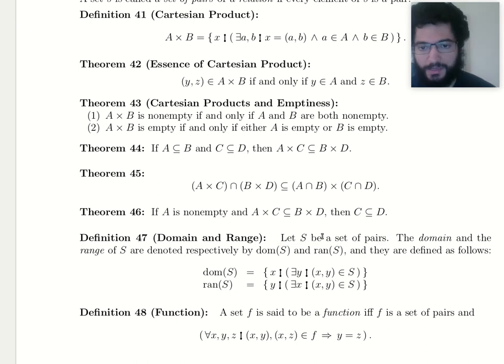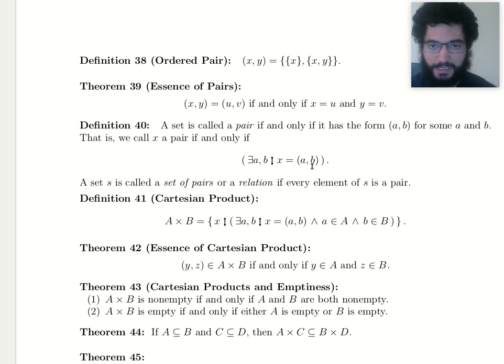So one other comment about set of pairs. This is something I have not discussed that much in lecture, but it's there, and hopefully you're looking at it when you're reading. It's in definition 40. To say that a set is a set of pairs, which is also sometimes called a relation, is to say that every element is a pair.